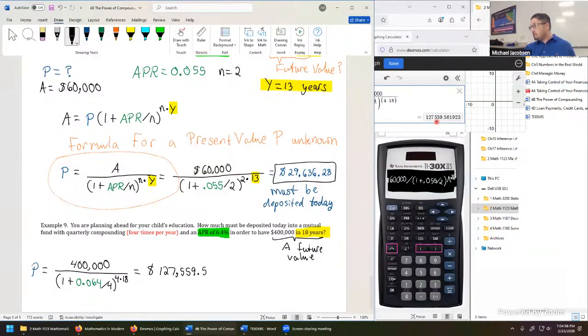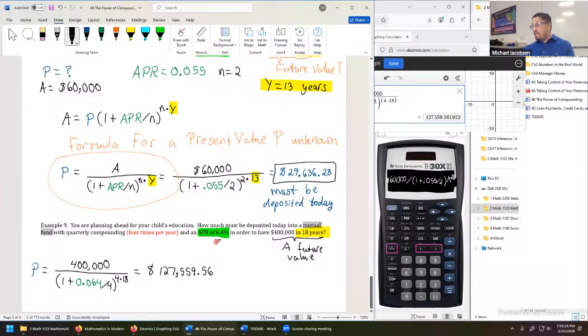And 56 cents. Keep in mind, though, it's a mutual fund, so we also made a pretty big assumption on this one. It's not a CD certificate with a guaranteed interest rate, APR. This one is going to fluctuate. We might have looked at a prospectus that told us over the years it had an average APR of 6.4%. But there could be some really bad years going forward for 18 years.